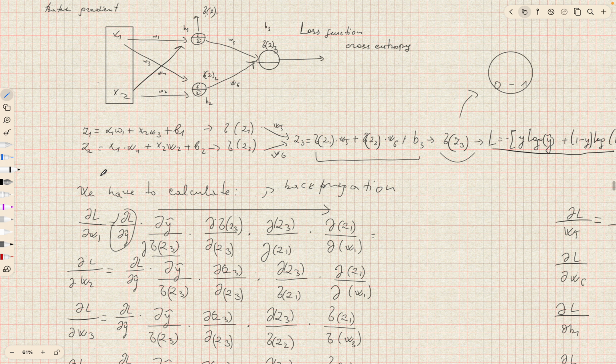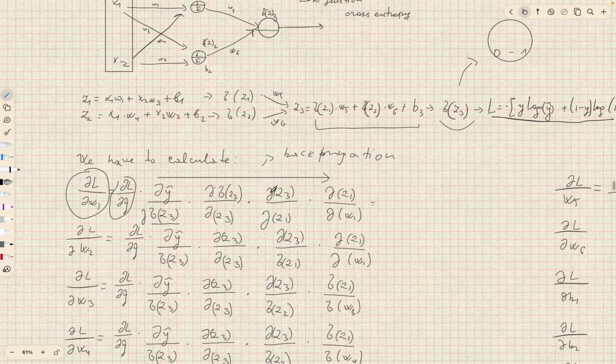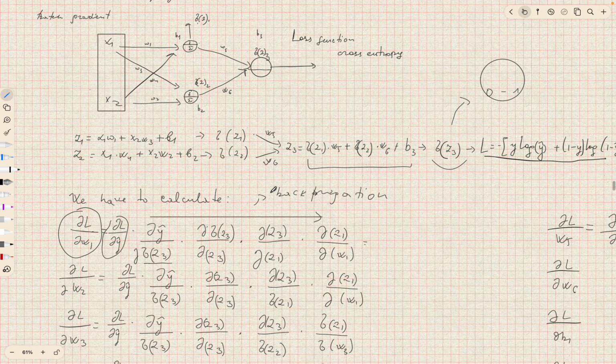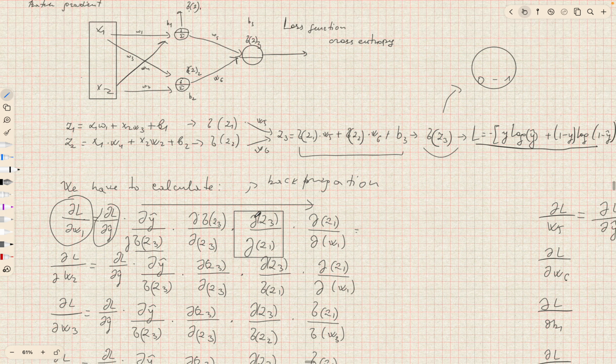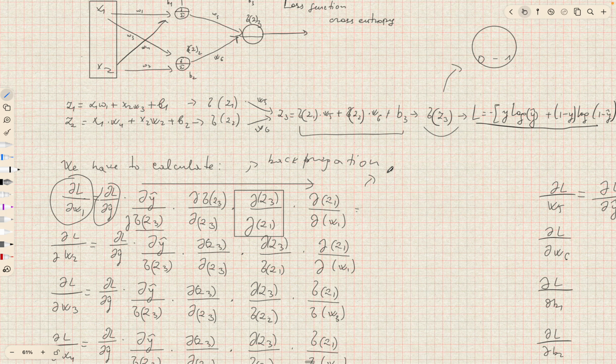The answer we get is basically the derivative of our loss function with respect to our W1 parameter. And as you can see, the problem actually happens here. One of the problems of sigmoid is that the maximum derivative that it can give us is 0.25, which is not a big number.